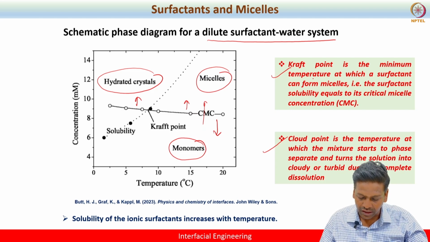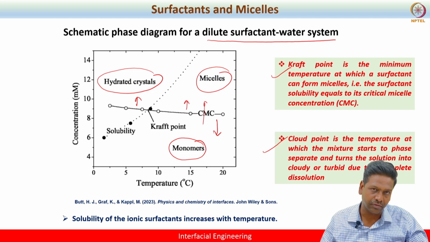There is something called the Kraft point. As we just described, the Kraft point is the minimum temperature above which a surfactant can form micelles. At the same time, the cloud point is the extreme limit, the maximum.